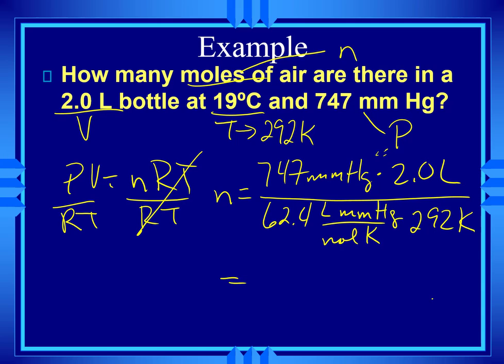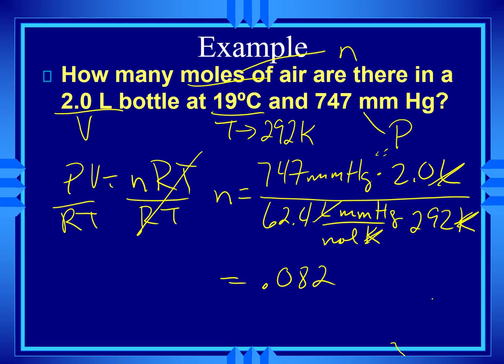Equals. And I get 0.082, because that zero in front's not a sig fig. I have two sig figs in my 2.0, and the zero in front doesn't count. What units? Well, kelvins cancel out down here.